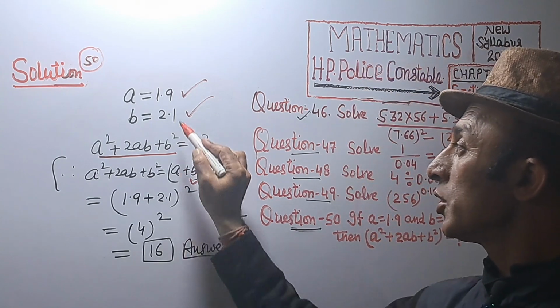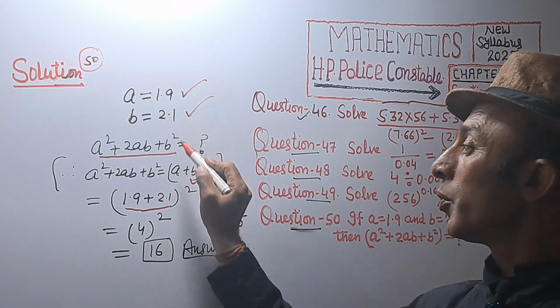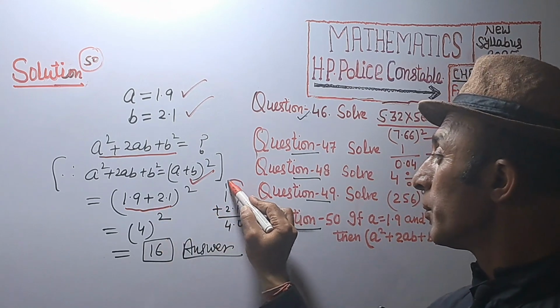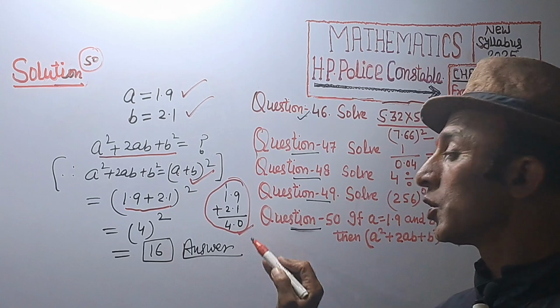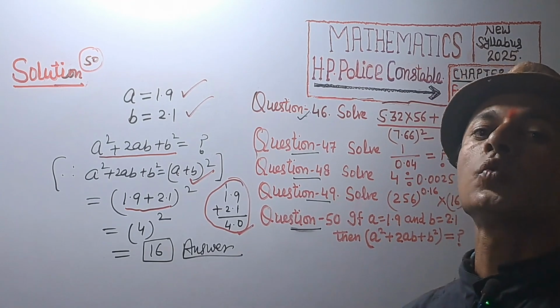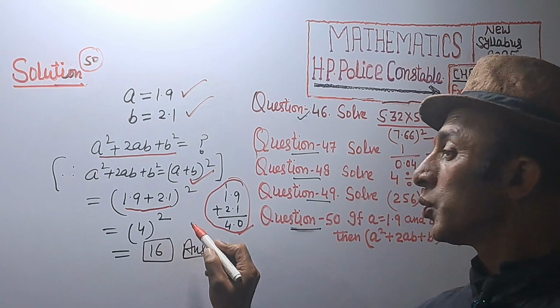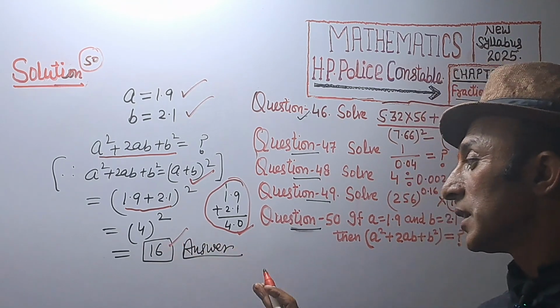So A is equal to 1.9 and B is equal to 2.1, and sum of A plus B equal to 1.9 plus 2.1 is equal to 4.0, that is equal to 4. And 4 raised to power 2 is equal to 4 multiplied by 4. 4 4s are 16. Answer.